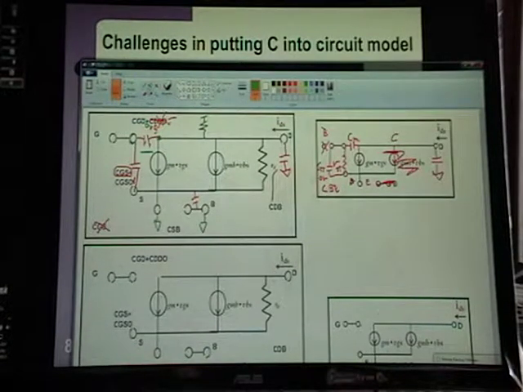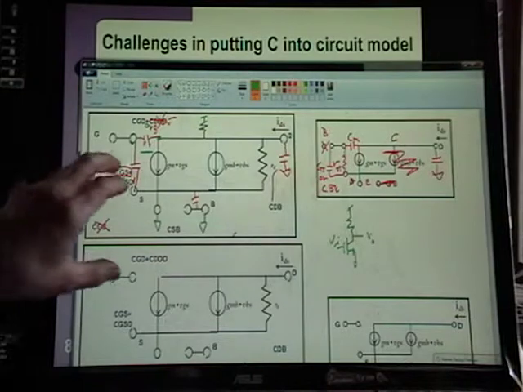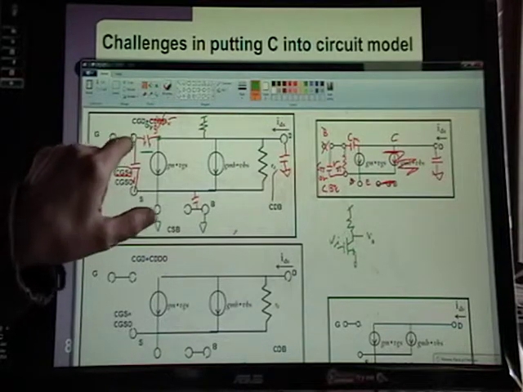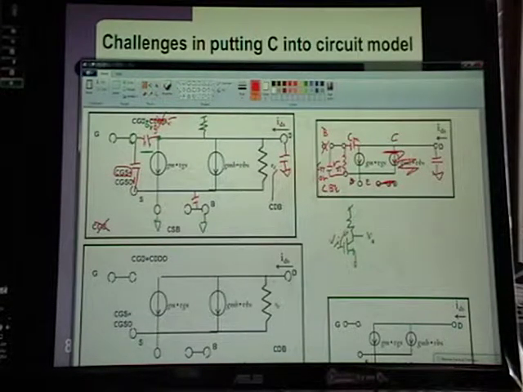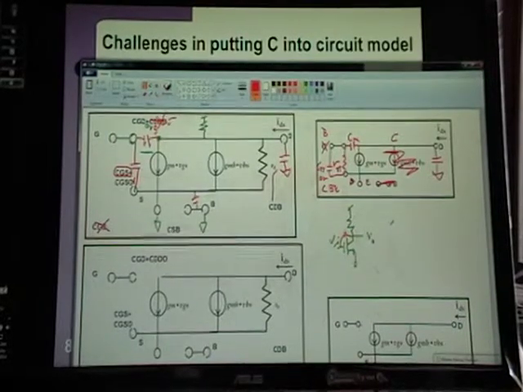The circuit that I'm looking at right now is a common source right here, and the capacitance we're looking at is from the gate to the drain. So if you drew it in on the regular schematic, that's where that capacitance would be.